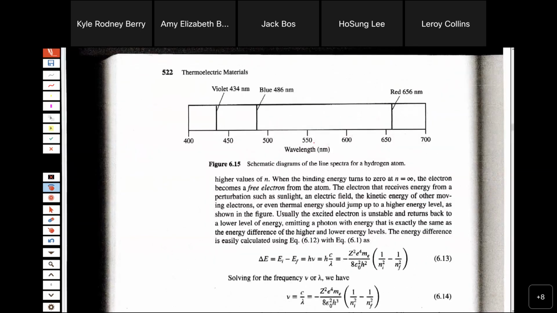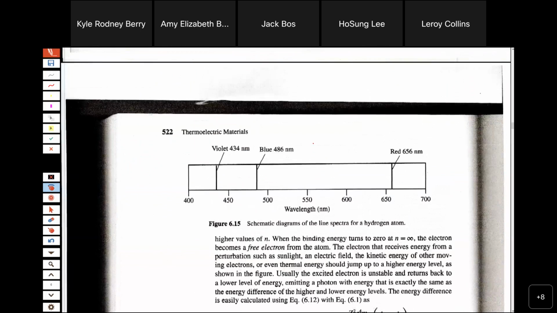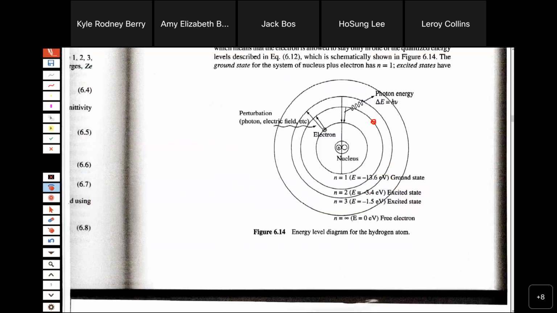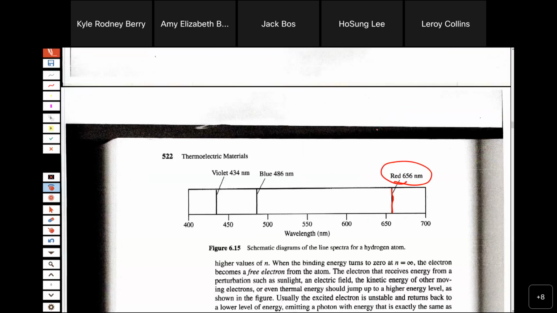There's a hydrogen spectrum. We can check the energy. This is the energy in nanometers, and we can calculate the energy, and we can even calculate from which level to which level. Wow.